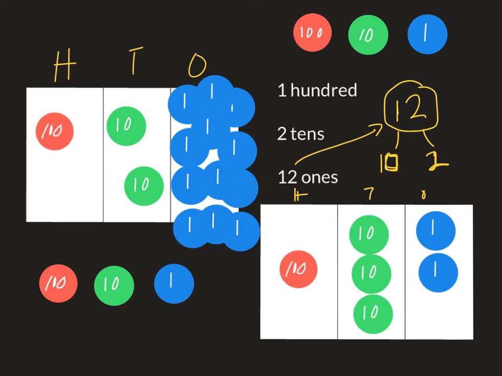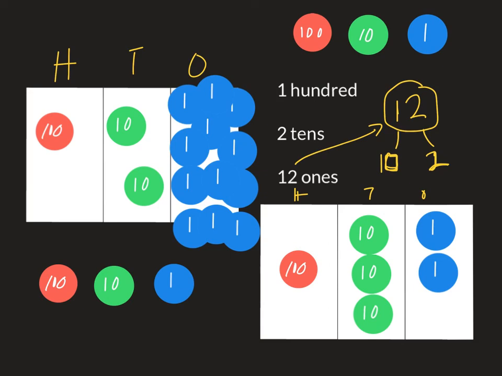So just to make sure that we did this right, let's count to make sure we got it. We have 100, 110, 120, 121, 122, 123, 124, 125, 126, 127, 128, 129, 130, 131, 132.